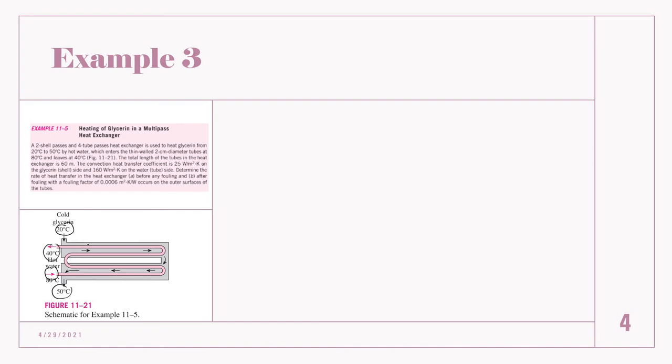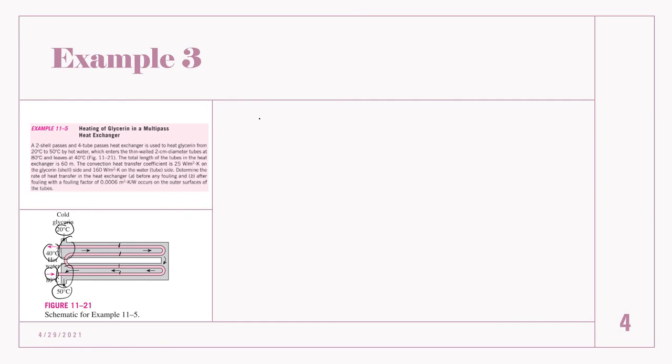So why do we call it a 2 shell pass? Because we have one shell and a second shell, 2 shell. For 4 tube passes, it is 1 tube, second tube, third tube, and fourth tube. So 2 shell pass and 4 tube passes.